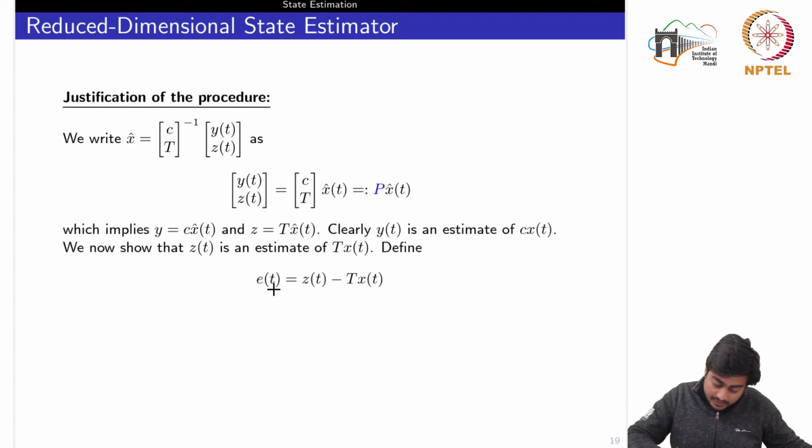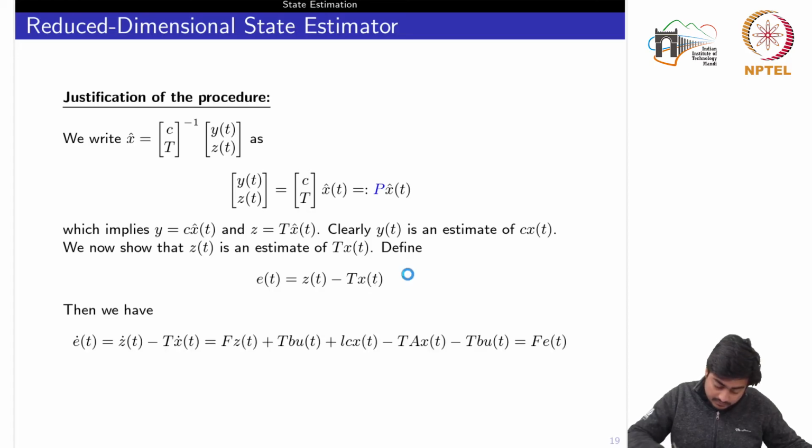Proceeding in a similar way, first we define the error vector as z minus T times x(t), and then taking the derivative of this error equation and substituting z dot and x dot from the plant, we get this.